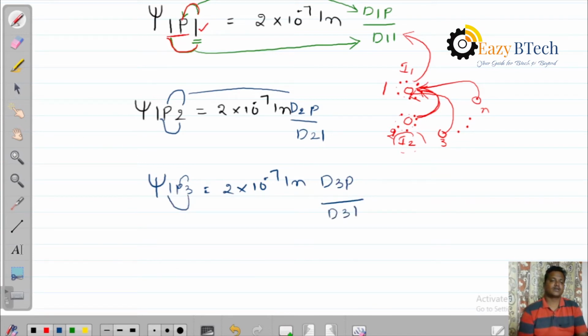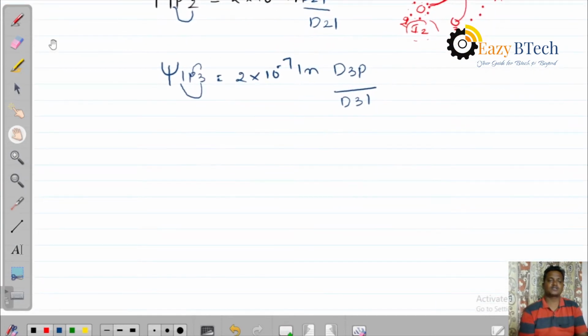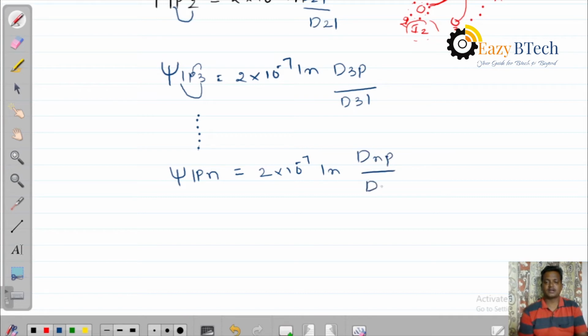Okay, like that we have to write the expressions for all the conductors. Finally, due to the current flowing through the nth subconductor, it is 2 into 10 power minus 7 ln dnp divided by dn1. Okay, this is the total flux linkage of conductors due to current flowing through the subconductors.